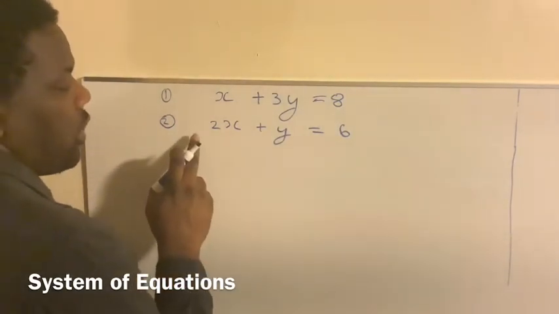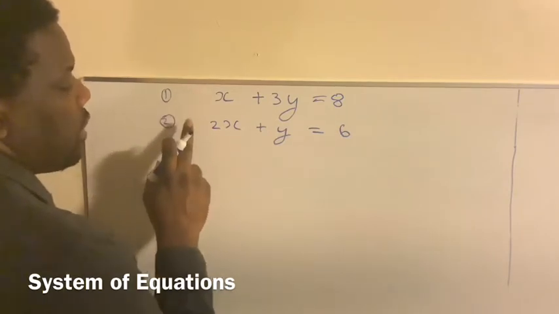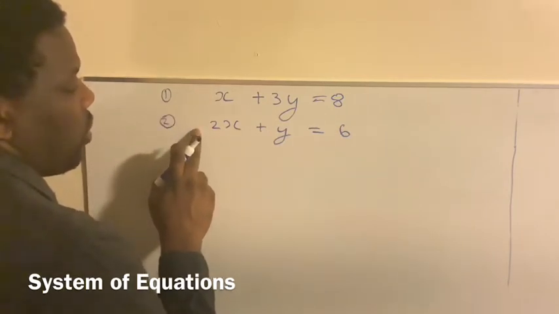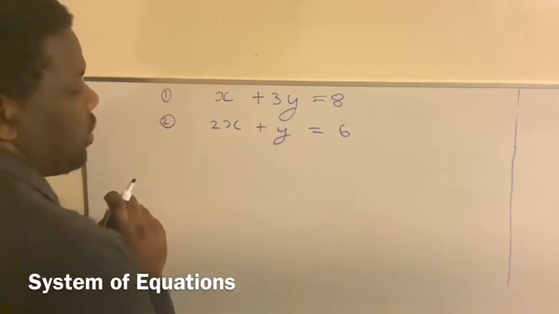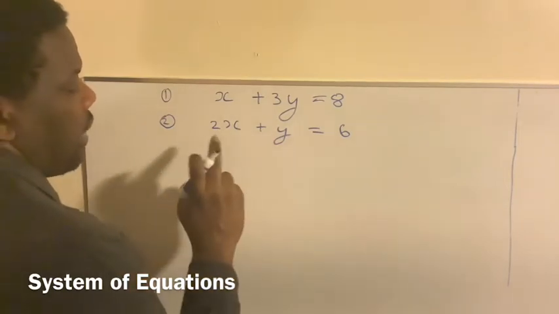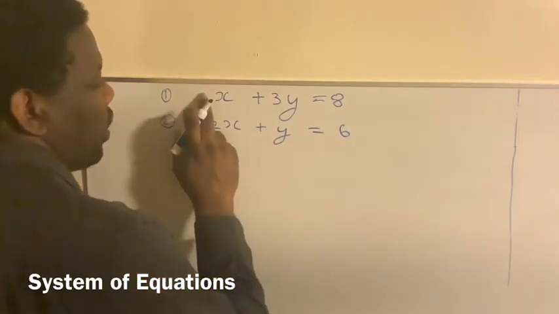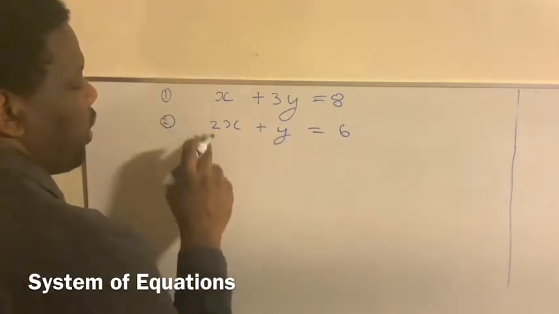Now, we can either try to get equation 1 to look similar to equation 2, or equation 2 to look similar to equation 1. So let's try to get equation 1 looking like equation 2. So I'm going to multiply to get rid of the x.